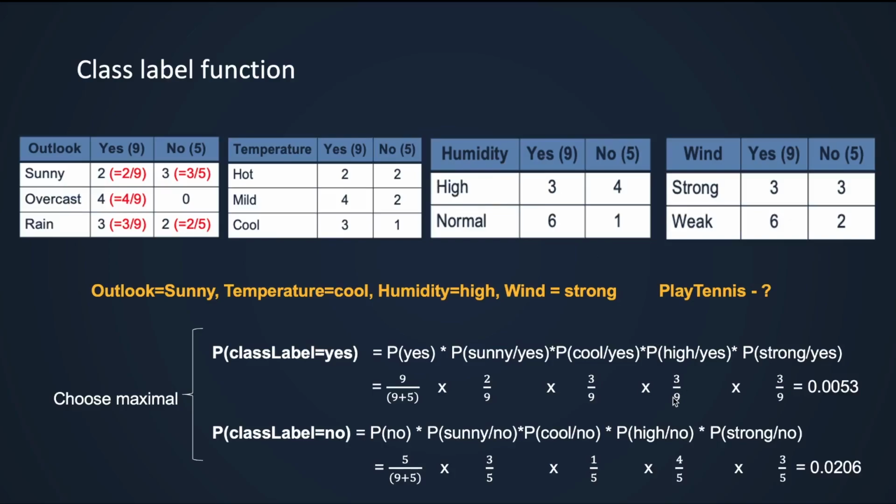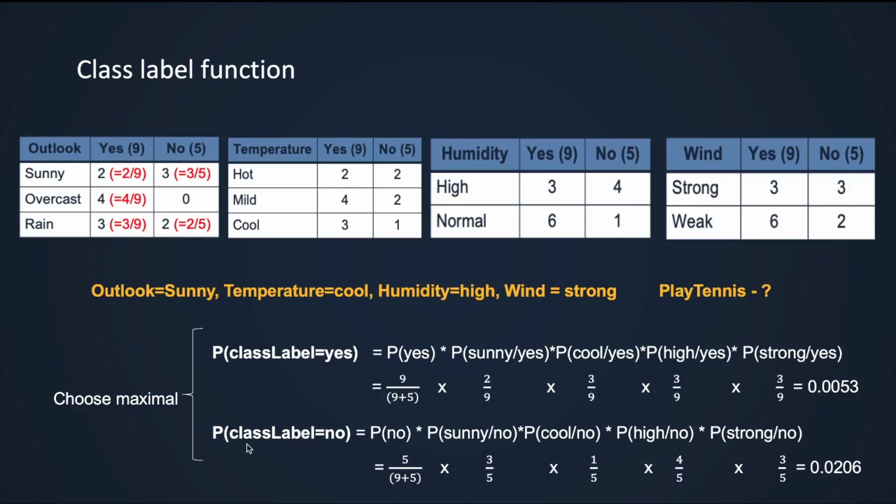So it is 3 by 9. Similarly, out of 9 instances of yes class label, 3 instances had the wind value equivalent to strong. So that becomes 3 by 9. Once we calculate it, we get the value.